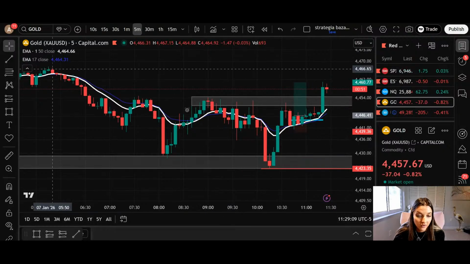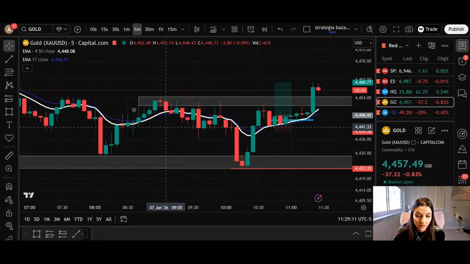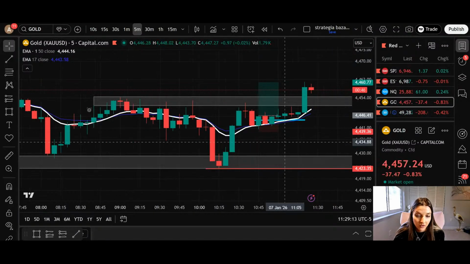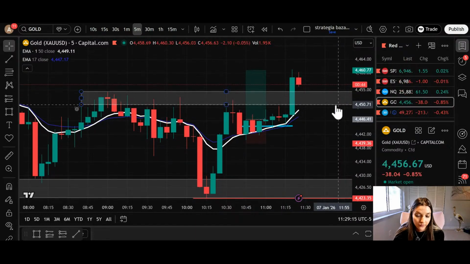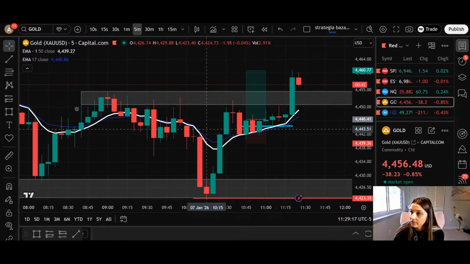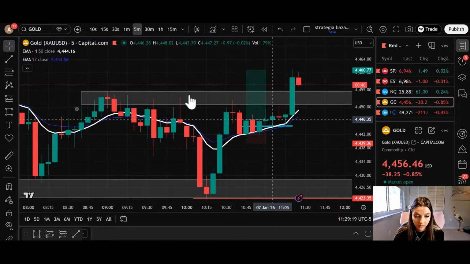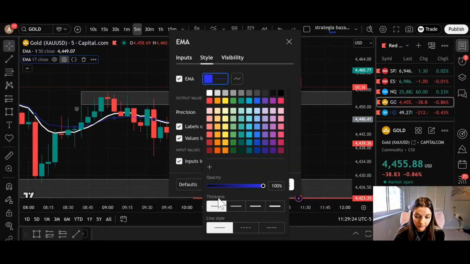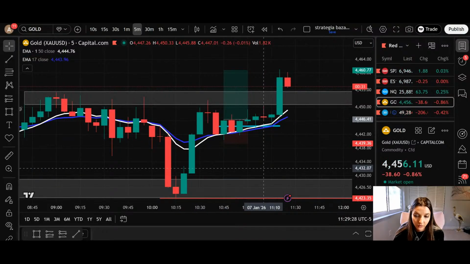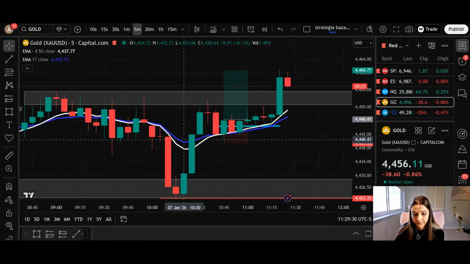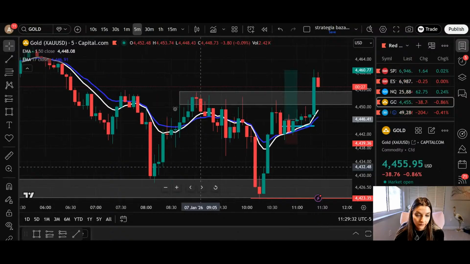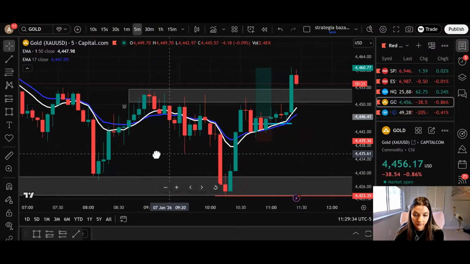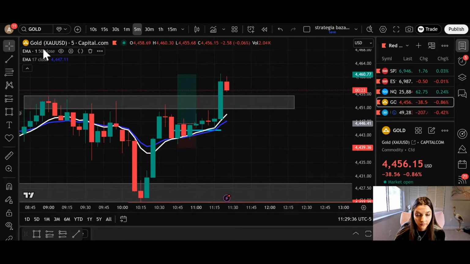My 50 on 1 minute is exactly the same as the 17 on 5 minutes if you trade on 5 minutes. There's no difference, because you also have to consider my time frame is lower. So yeah.